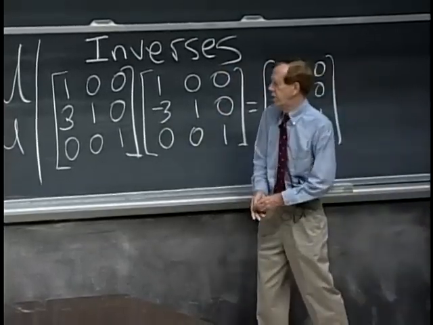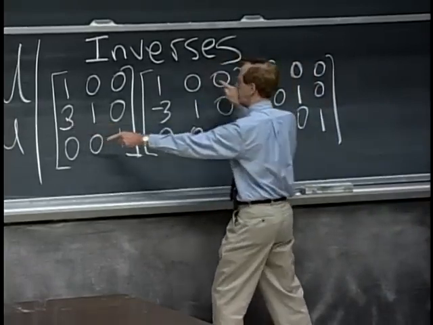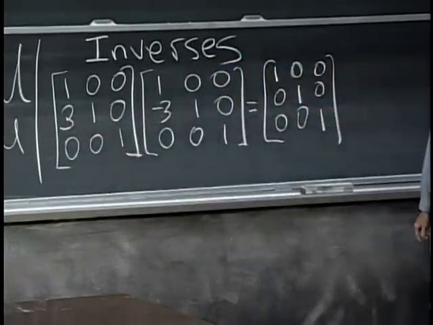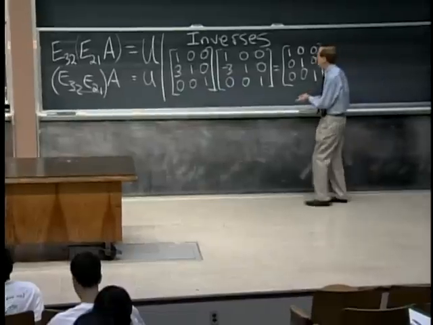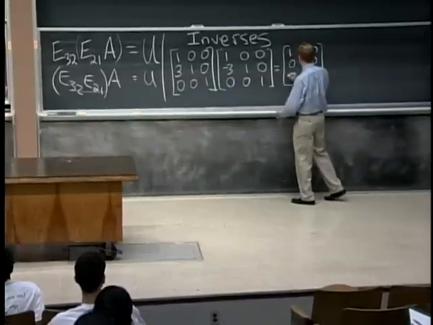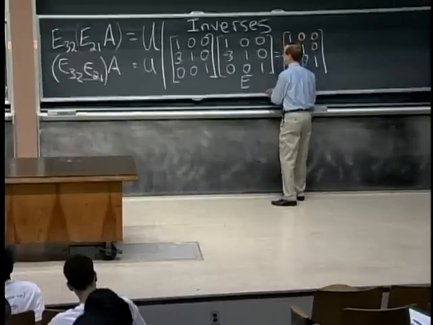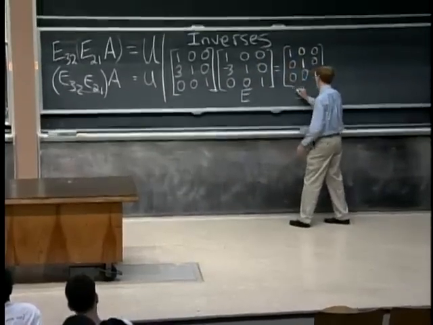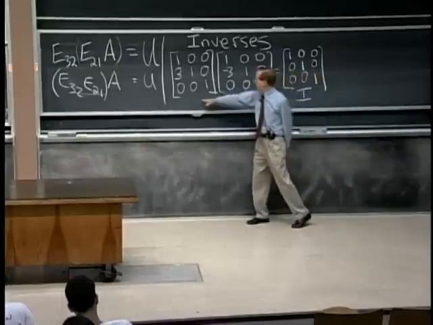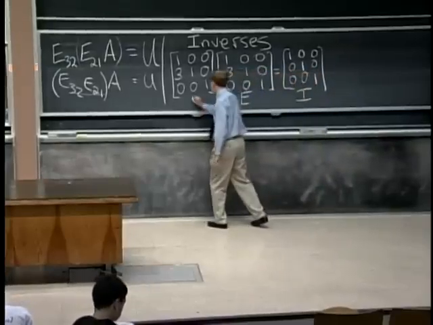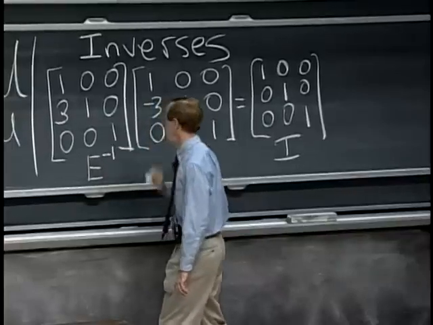And if we do that calculation, 3 times this row plus 1 times this row comes out the right row of the identity. Okay, so inverses are, and so if this matrix was E, and this matrix is I for identity, then what's the notation for this guy? E to the minus 1, E inverse.